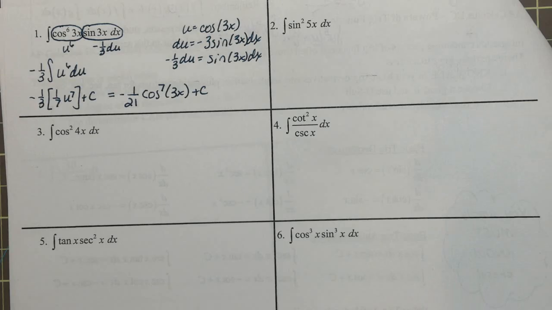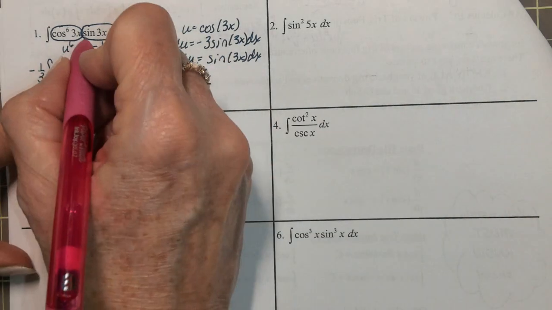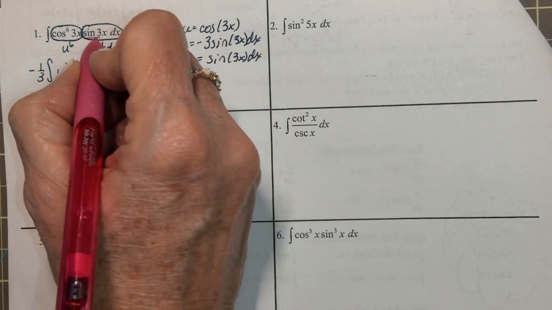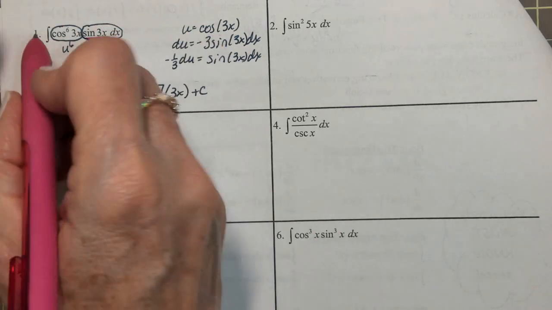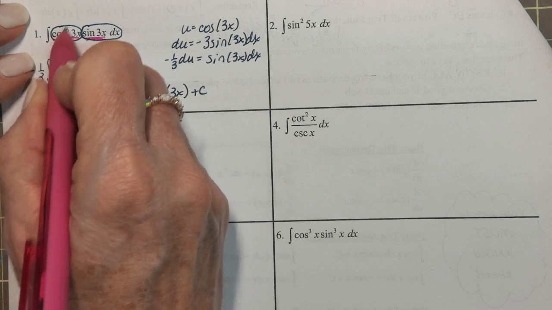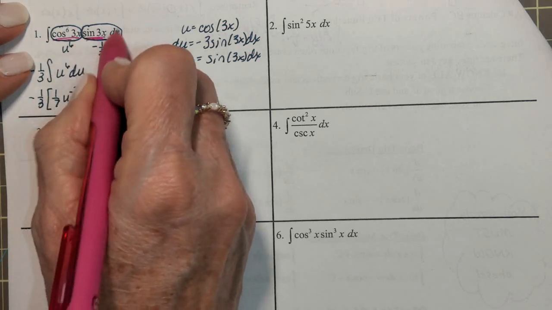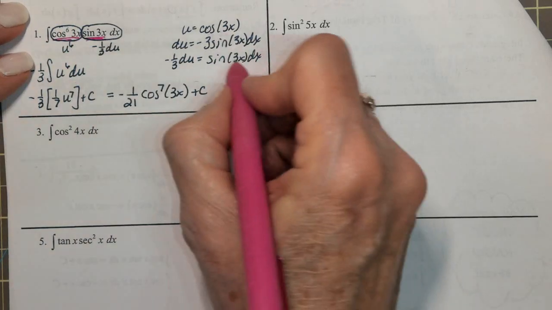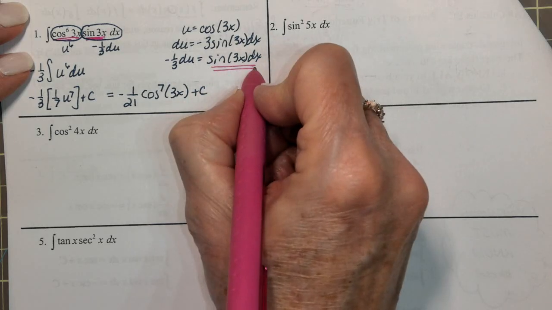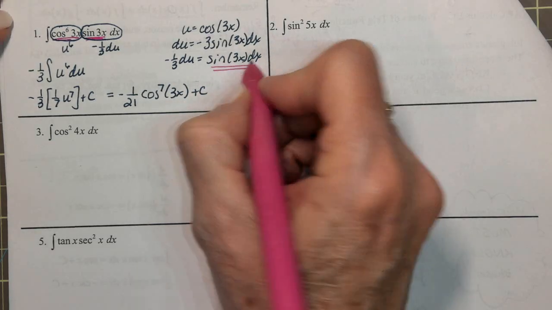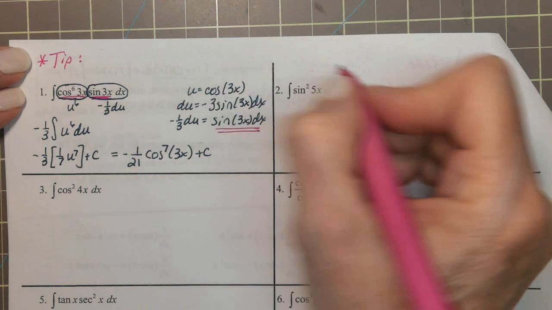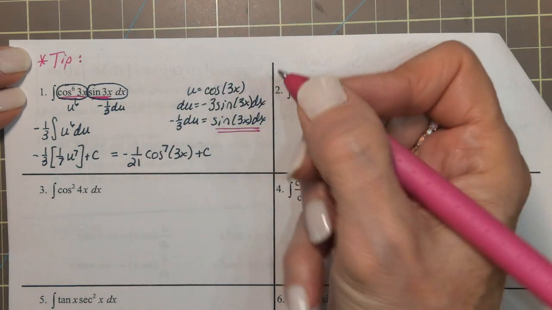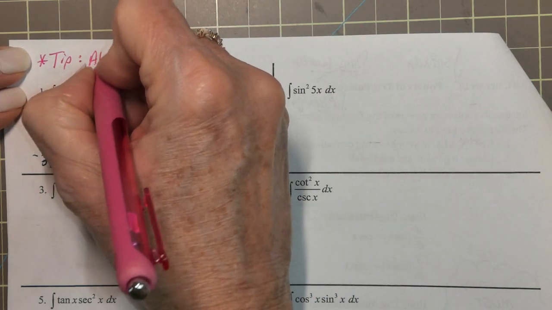Before I leave this problem, look at what we did here. We saw that there was a single sine of 3x here, a single one. And then we had cosine being raised to the 6th. This, from the get-go, was going to be our du, or part of the du. A tip: I cannot say always, but I can say almost always.